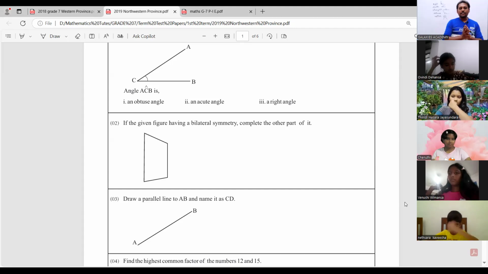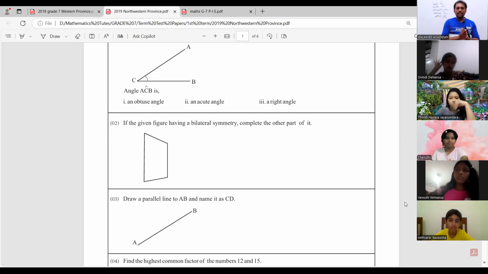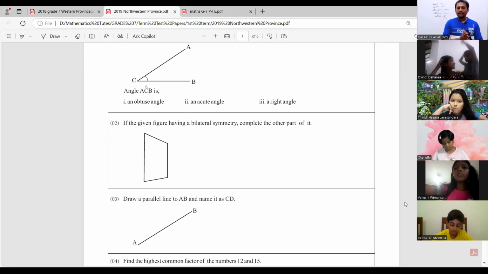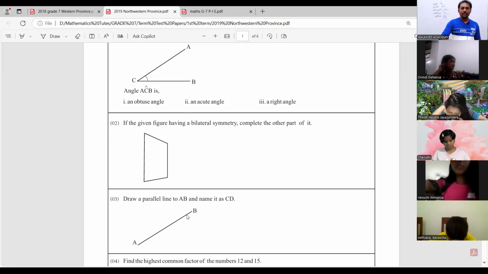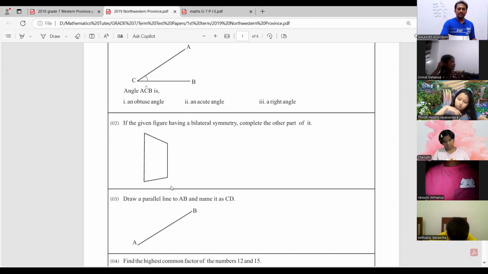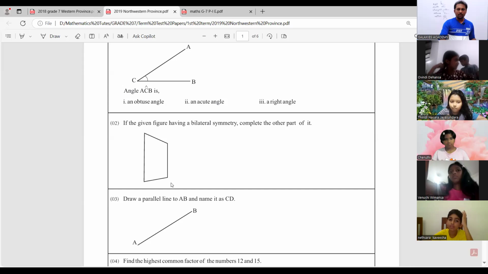Right. Then the second question is given from symmetry, right? Bilateral symmetry. If the given figure has bilateral symmetry, complete the other part of it, right? How can you complete the bilateral symmetry? You think this one is the axis of symmetry. It is the folded line. Then the equal shape part you have to draw on this side, no?